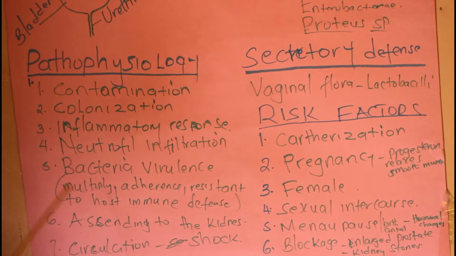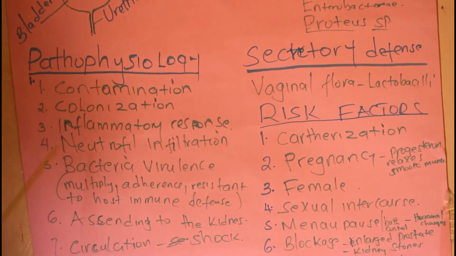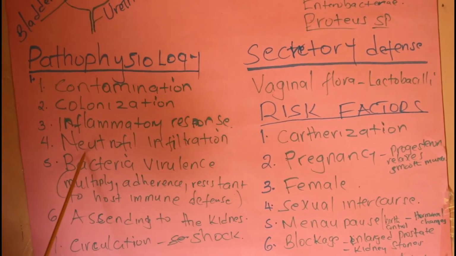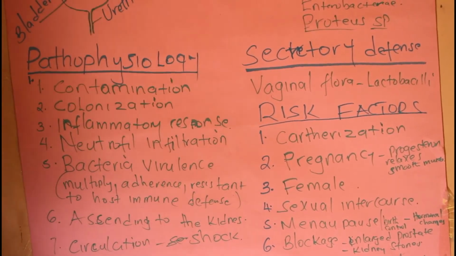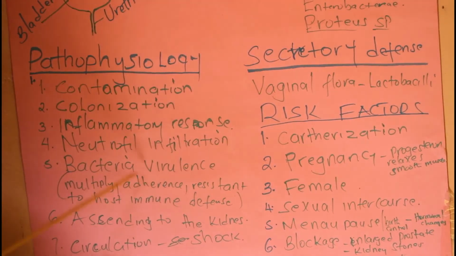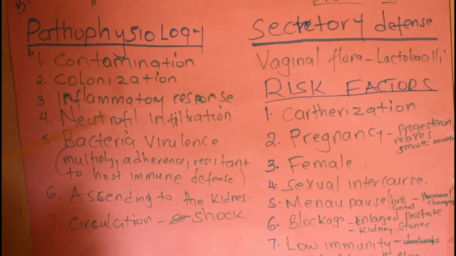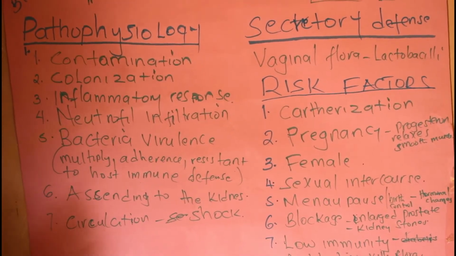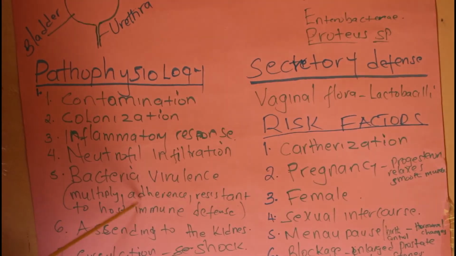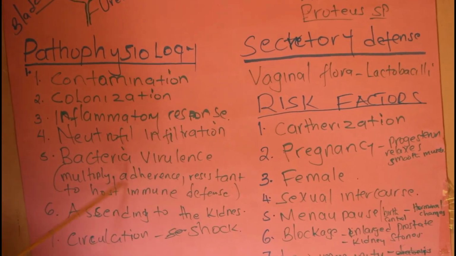Generally, when a strange organism enters the body, there's an immune response done by neutrophil infiltration. These bacteria have virulence factors that enable them to survive the immune response. Once they've invaded the bladder, they have their adherence factors, as you can see here.